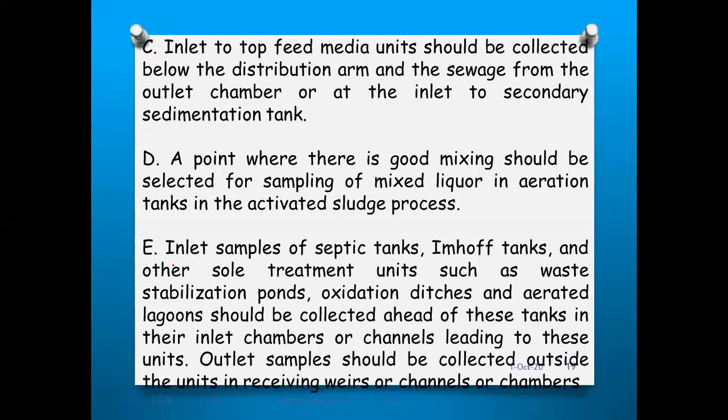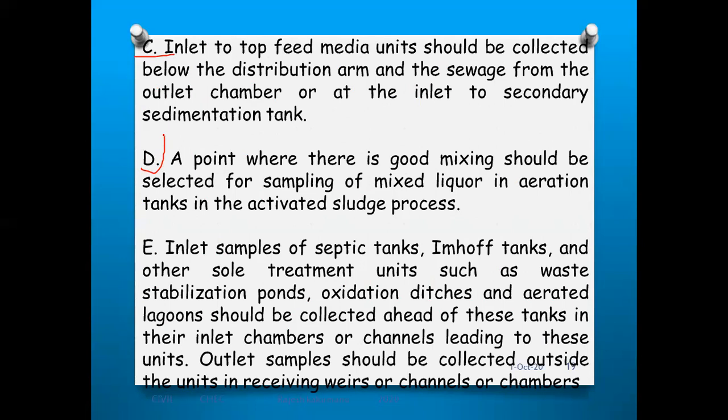Next, a point where there is good mixing should be selected for sampling of mixed liquor within the aeration tanks in the activated sludge process. So this is also another way of collecting the samples.